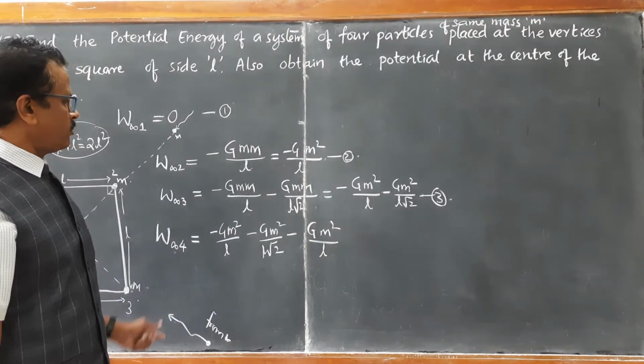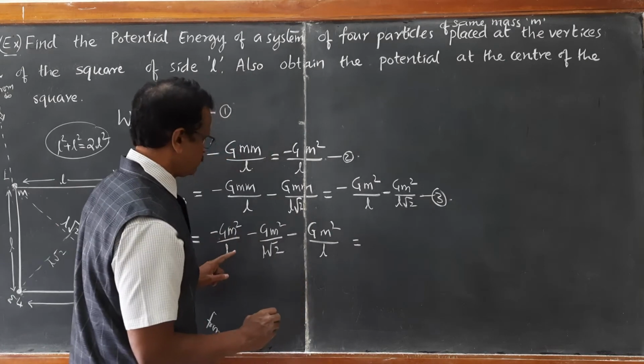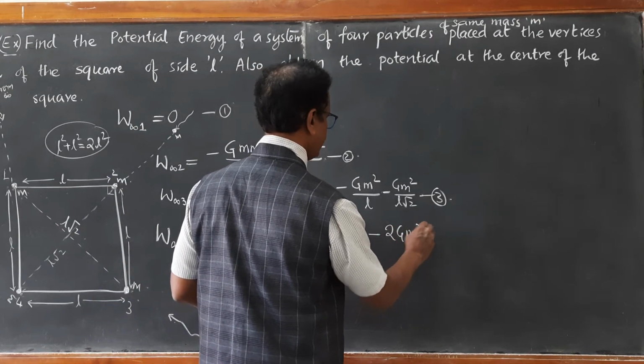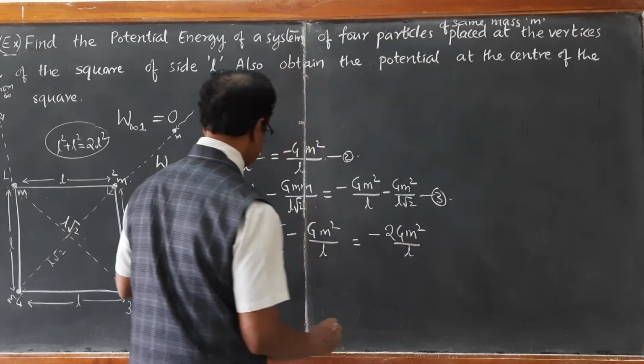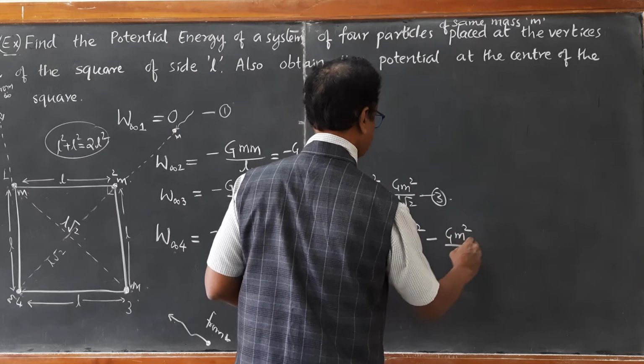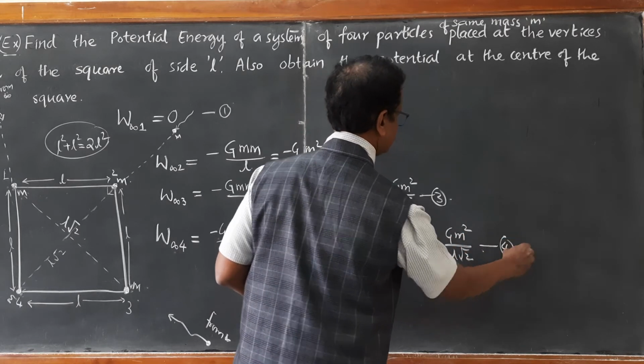Right, now you can add all these, so it becomes minus gm square upon l, minus gm square upon l, which becomes minus 2 gm square upon l, minus gm square upon l root 2. So this becomes 4.